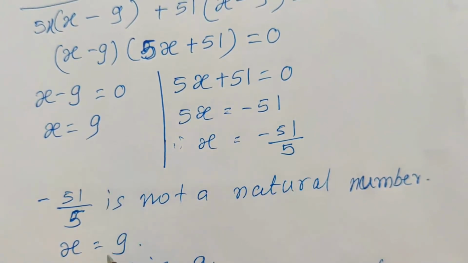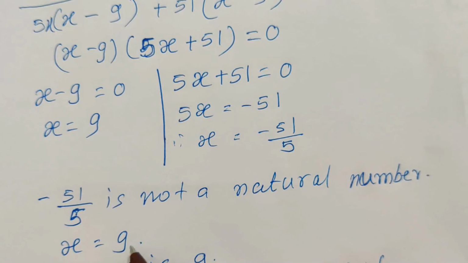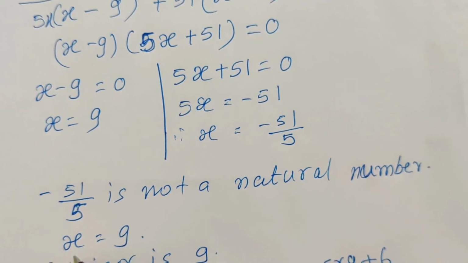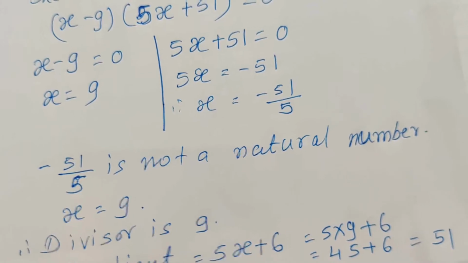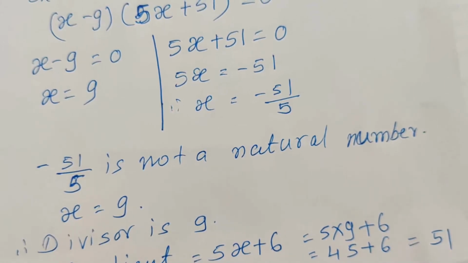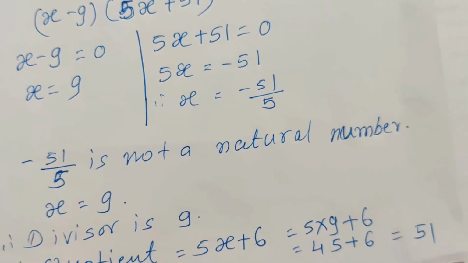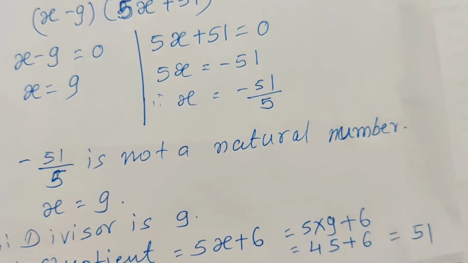So for the correct answer we consider x is equal to 9. X is equal to 9, that means divisor is 9. And so the quotient will be 5 multiplied by 9 plus 6, that is 45 plus 6 is equal to 51.